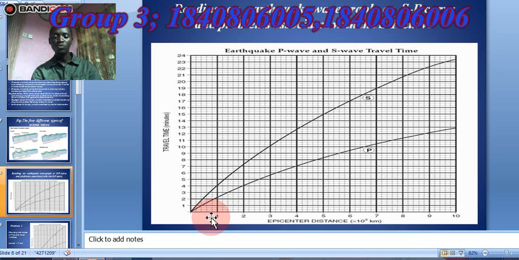We have two curves. The first curve is the P-wave curve, which is the fastest event to register at the seismic recording location. The second curve is the S-wave, which is the second event that normally registers at the seismograph.